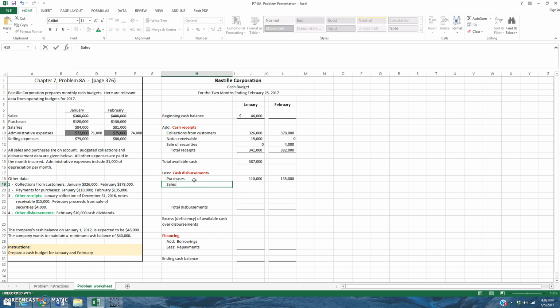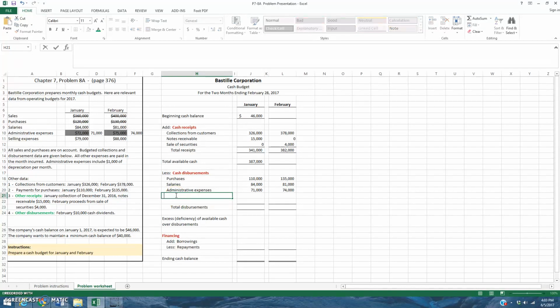Going off the accounts listed above, we'll start with salaries and put in those figures of $84,000 and $81,000 each. And then administrative expenses, and we'll put in the corrected amount that we figured after taking out the $1,000 depreciation.